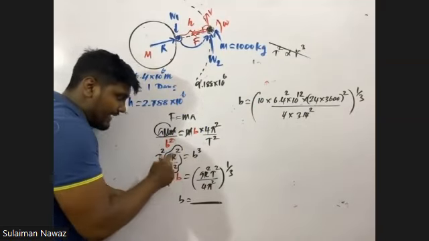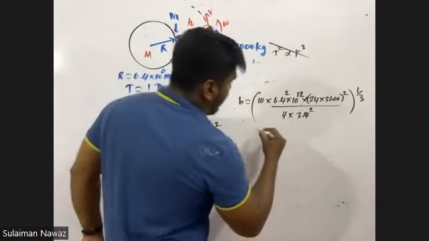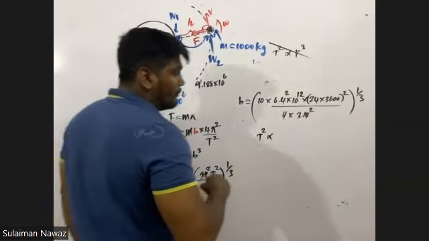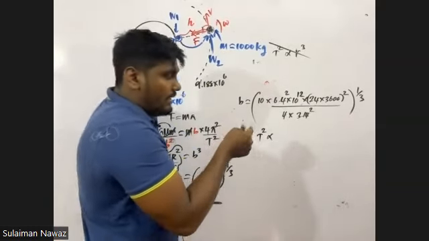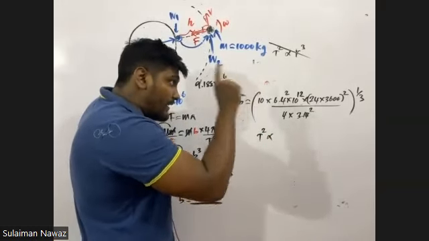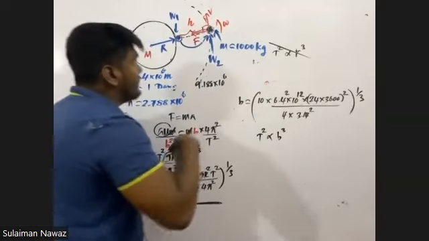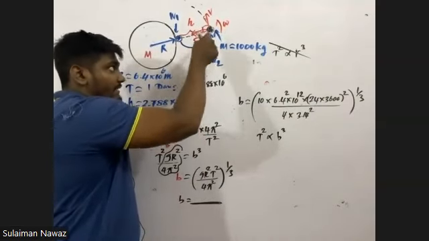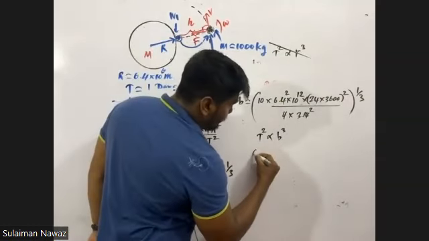So time period squared is directly proportional to the distance to the satellite from the center of the earth cubed. I say simple b cube. Now previously you found that means r plus h. Previously the time period of the satellite is 1 over 10.